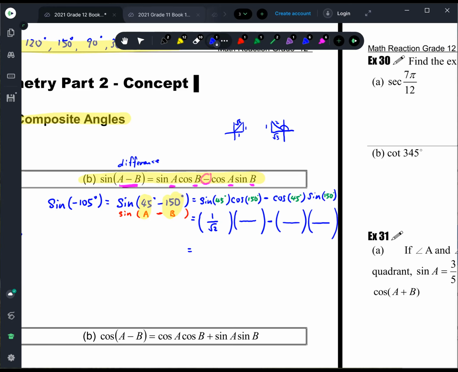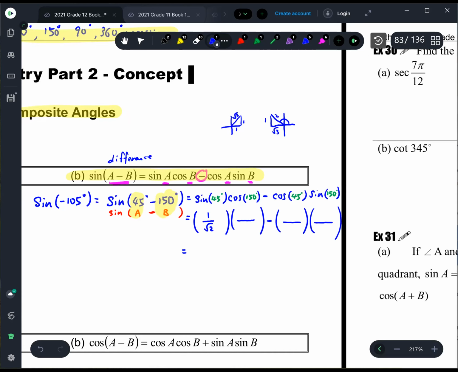All right, Daniel, what's the cosine 150? I got negative root 3 over 2. Negative root 3 over 2. Very good. Okay, cosine 45. Evan, do you have questions about cosine 45?